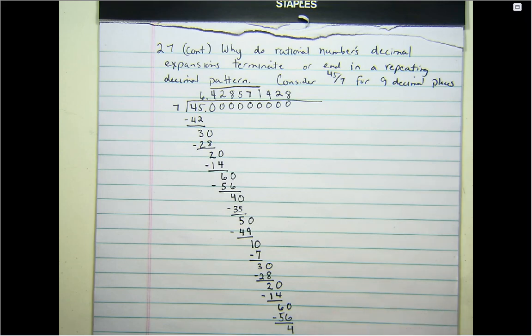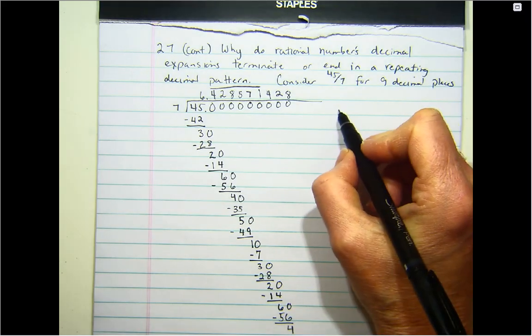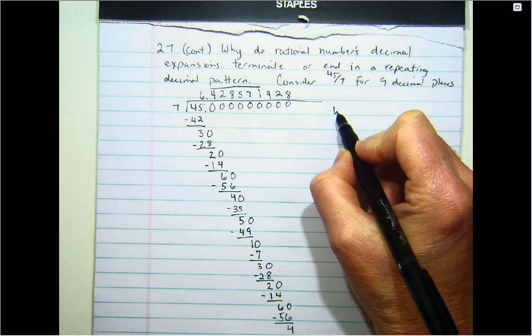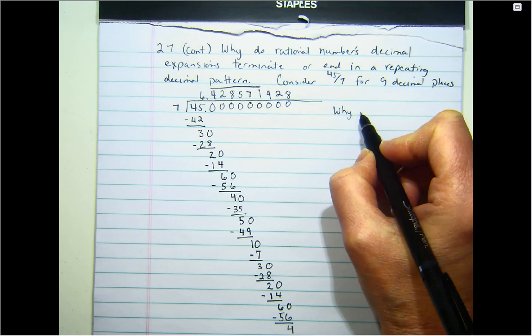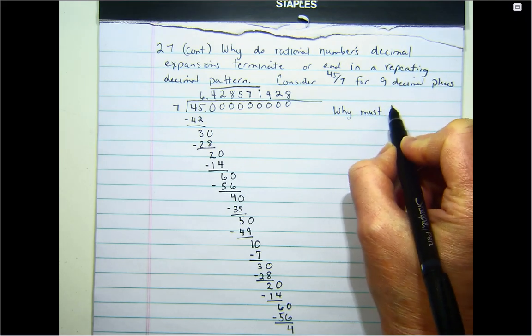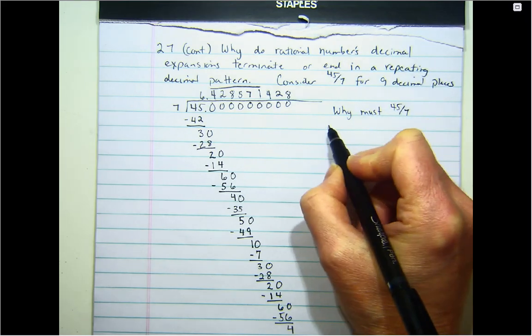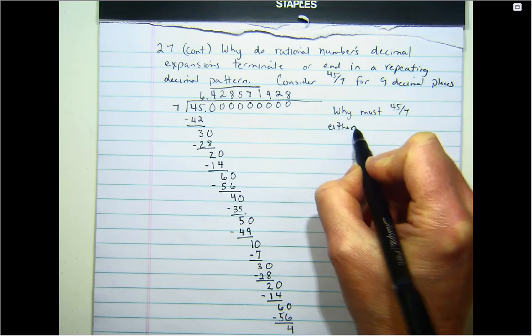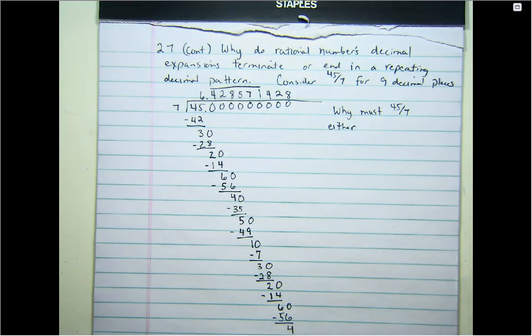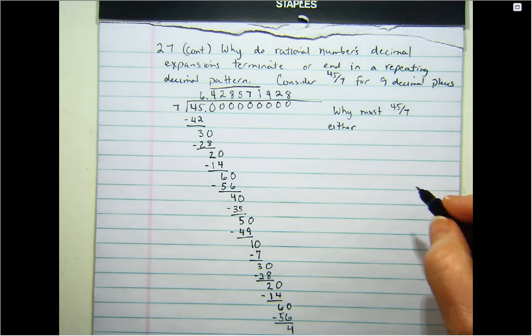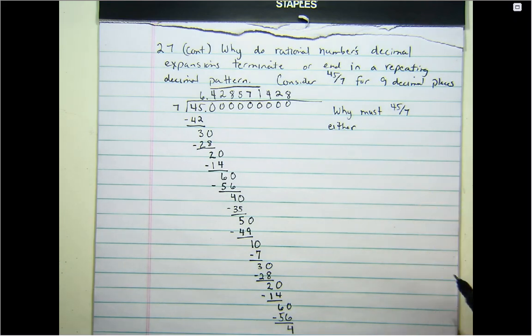Now that we've done this, why must the 45 over 7 either terminate? How would we know if it had terminated? Yes. We wouldn't be able to divide anymore. And how come? Because there wouldn't be anything else to divide with.